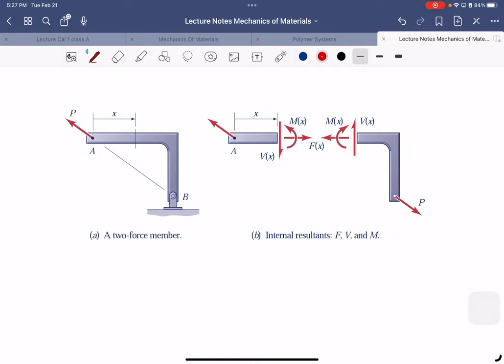Now, of course, this P is coming from the B here. And why it goes here is because of the resultant. This P here we can resolve, and maybe I will just use my iPad.